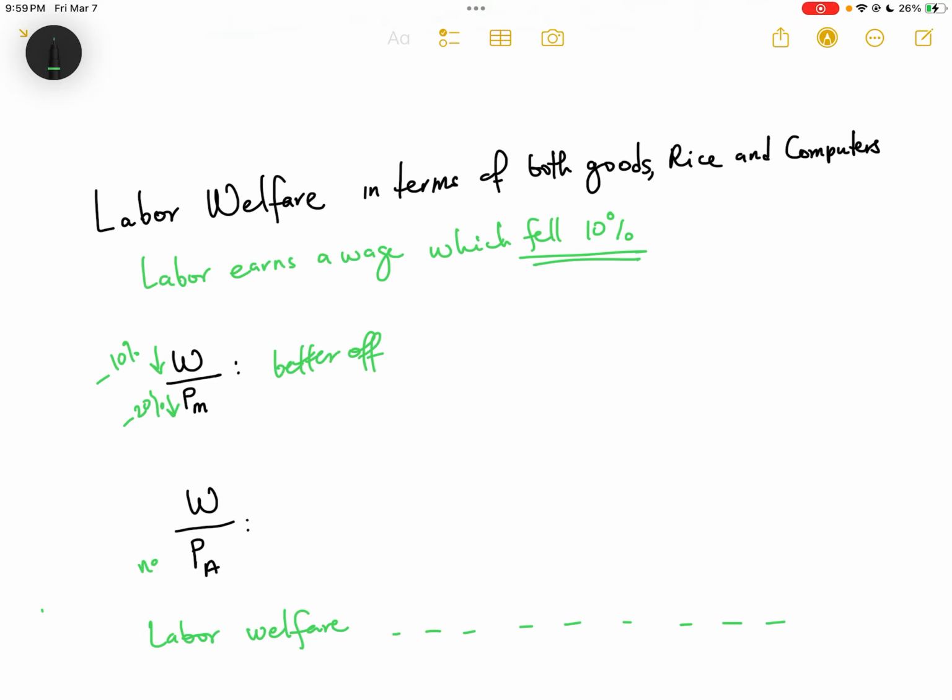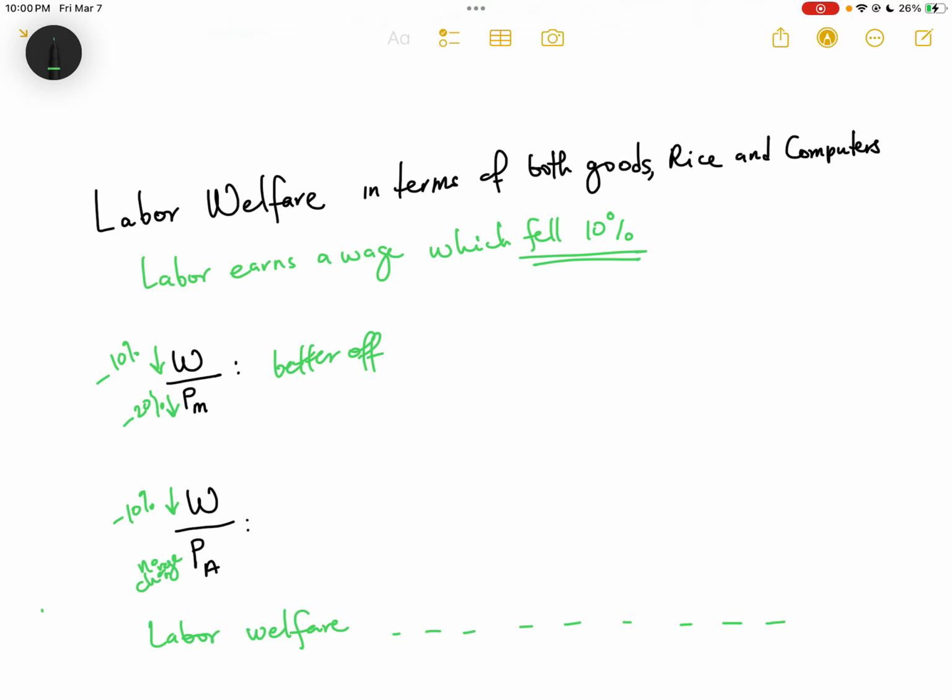Down here, there's no change in the price of rice, and there is a fall of 10% in wages. Prices didn't change, but your wages fell.